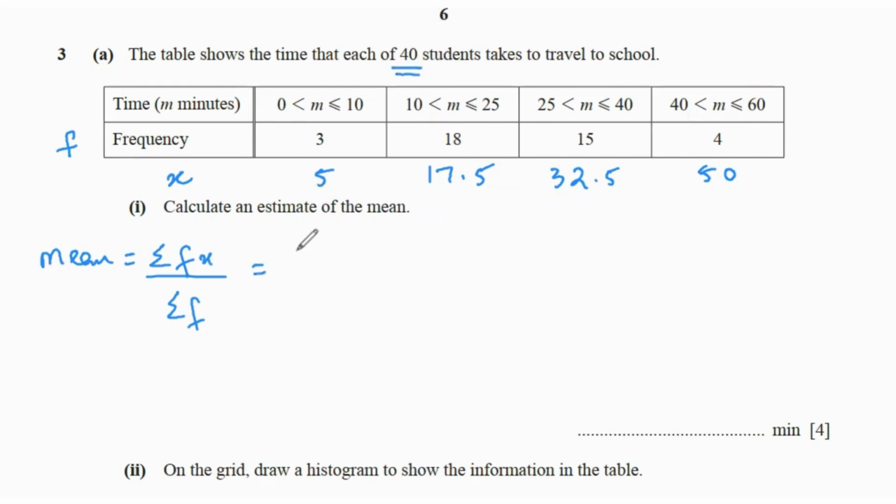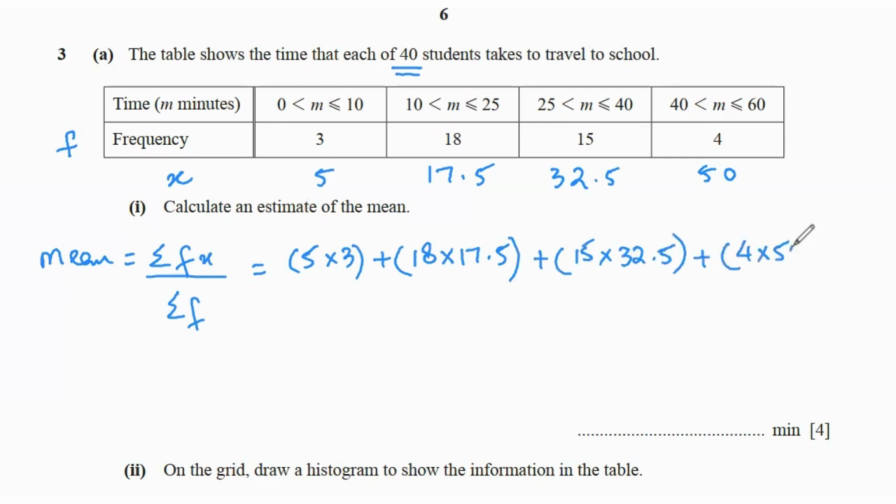So this is going to be 5 times 3 plus 18 times 17.5 plus 15 times 32.5 plus 4 times 50. And all of this is divided by 40.